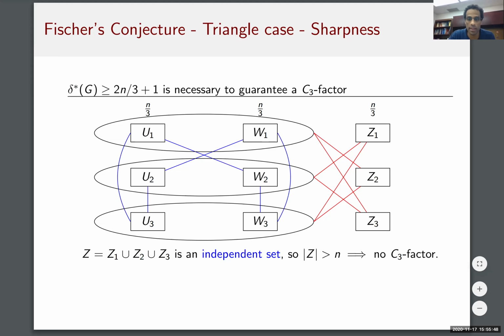You can see this by thinking: I'm trying to cover every single vertex in my graph with disjoint triangles, but no triangle can have more than one vertex in Z because Z is an independent set. So there's no possible way of covering Z, so there's no possible way of covering the entire graph.